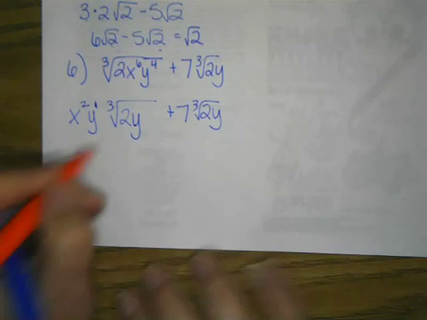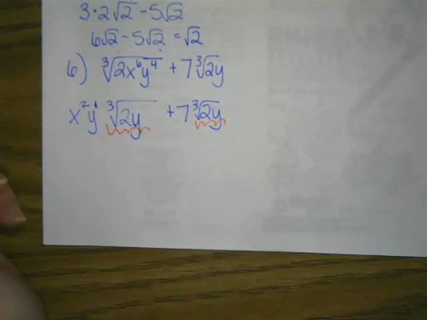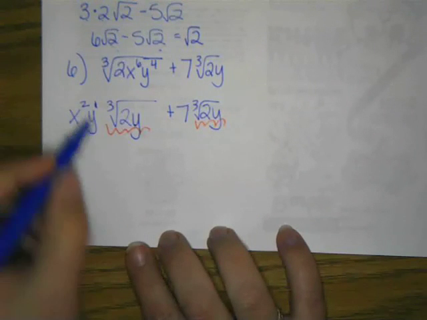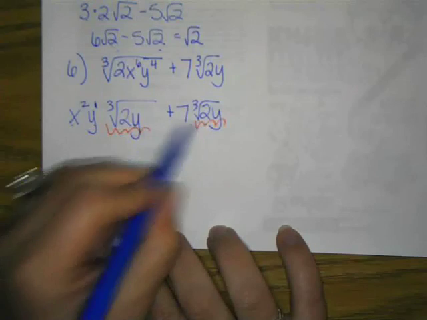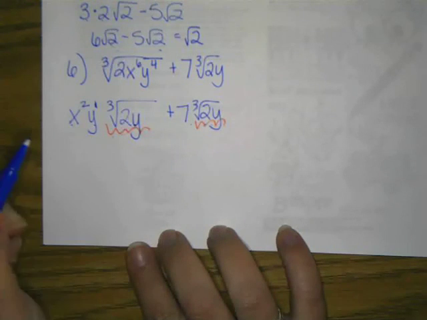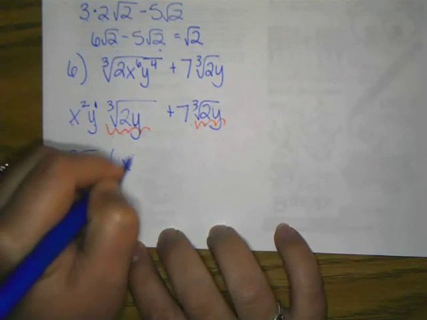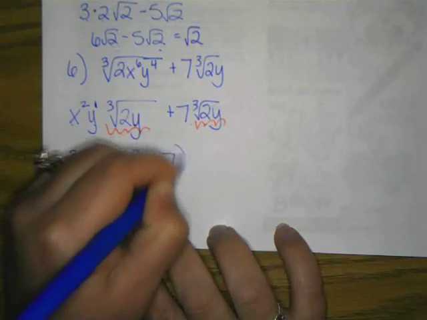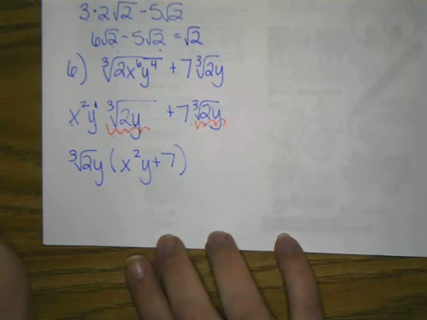And now I have like radicals. I've got cube root of 2y and cube root of 2y. But I can't add x squared y plus 7, but I can factor out these cube root of 2y's. Cube root of 2y times x squared y plus 7. So that's like example number 2, where we had to factor that out.